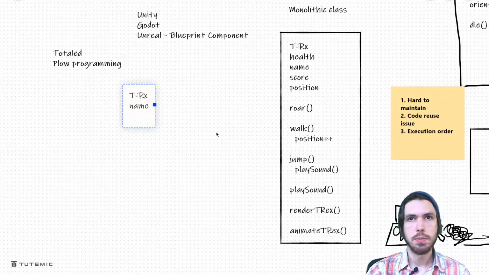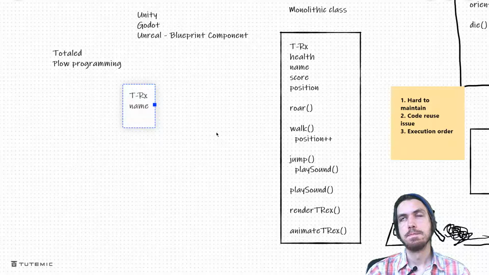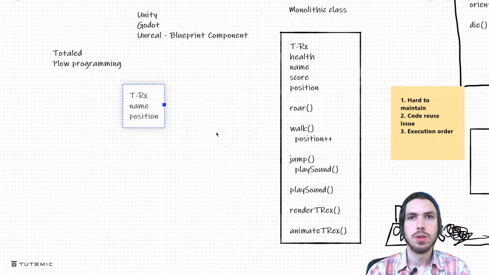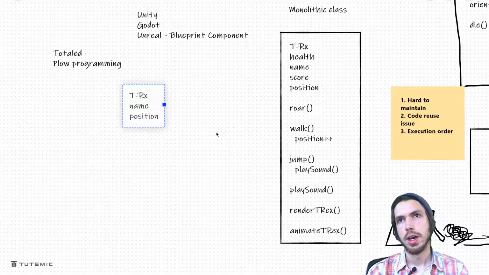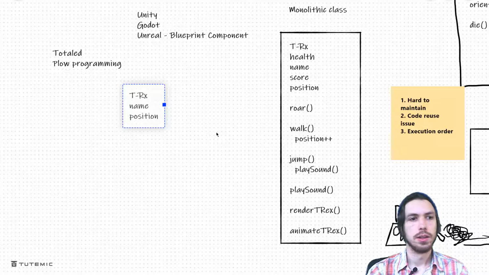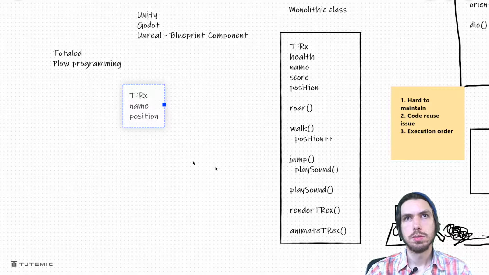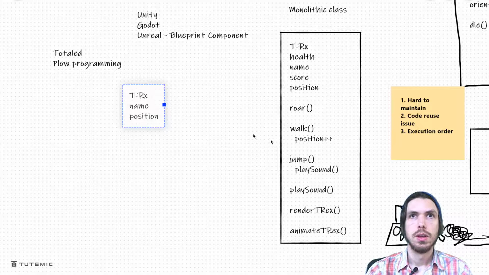And then some things that perhaps all of the components might have some use for, like position, right? Your collisions code, the movement code and all that kind of stuff has to rely on position in some way. So we'll just expose that here. So position, the T-Rex possesses, which is fine, and that's generally simple and not an issue.